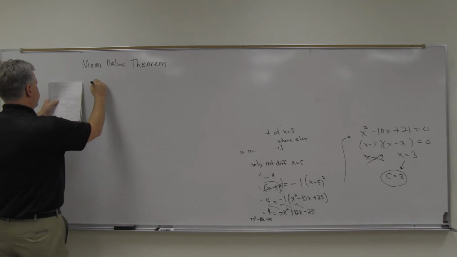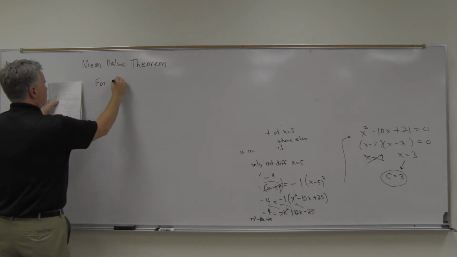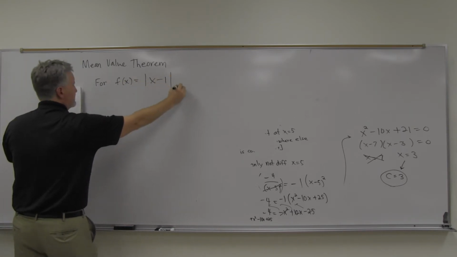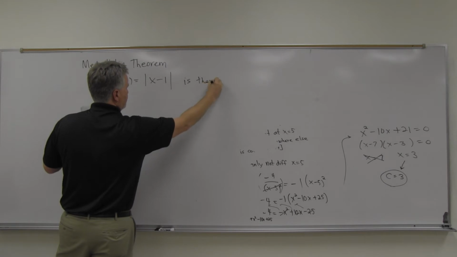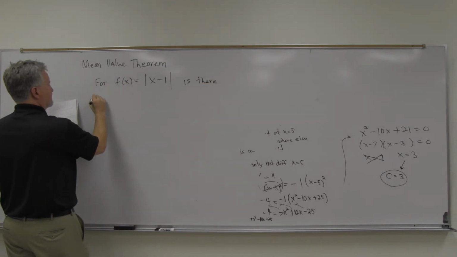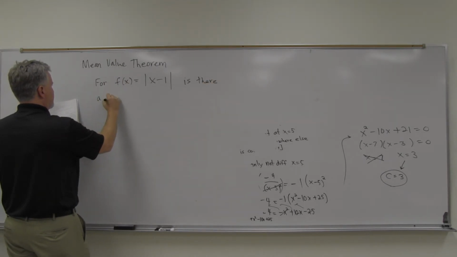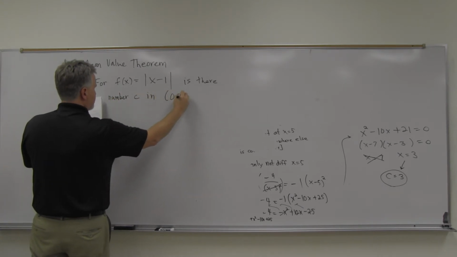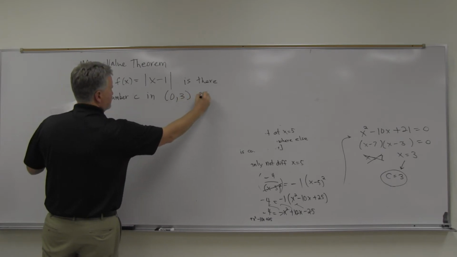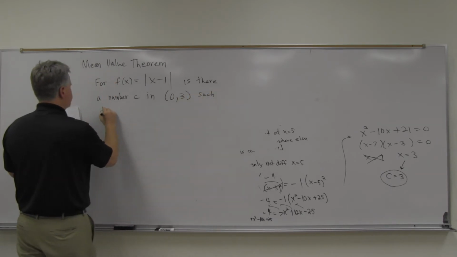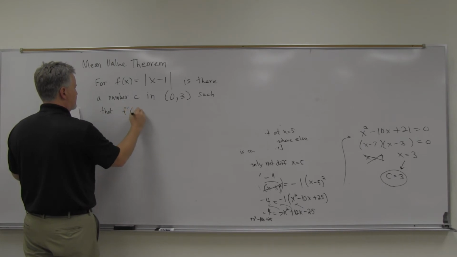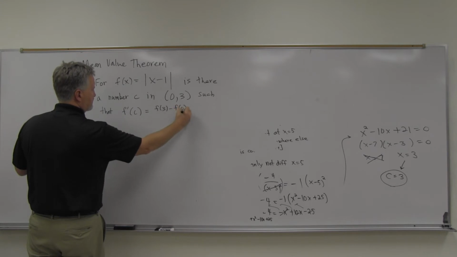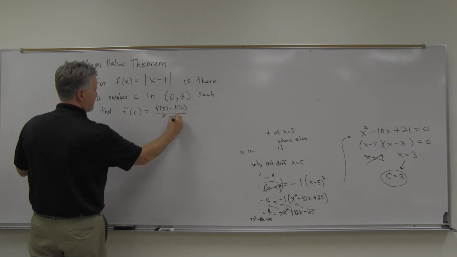All right, so for f of x equals the absolute value of x minus 1, is there a number c in 0, 3, such that f prime of c equals f of 3 minus f of 0 over 3 minus 0?